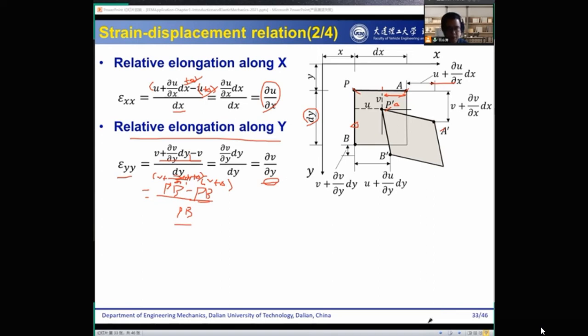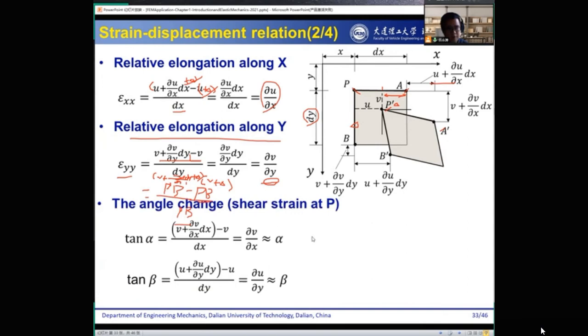Okay, so this is the definition for the strain. That is the relative elongation along different directions. Then we define the angle change.